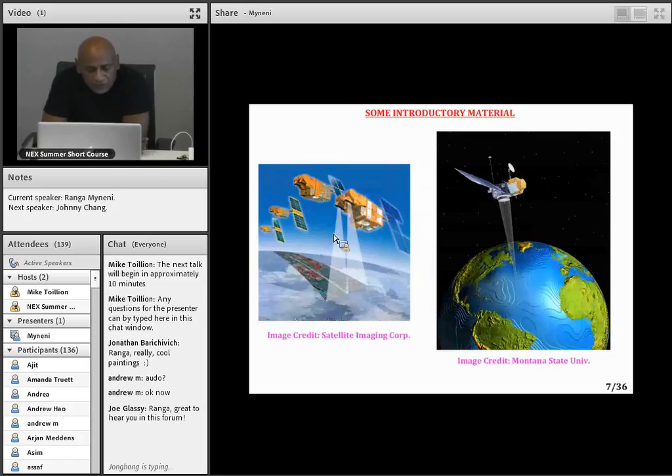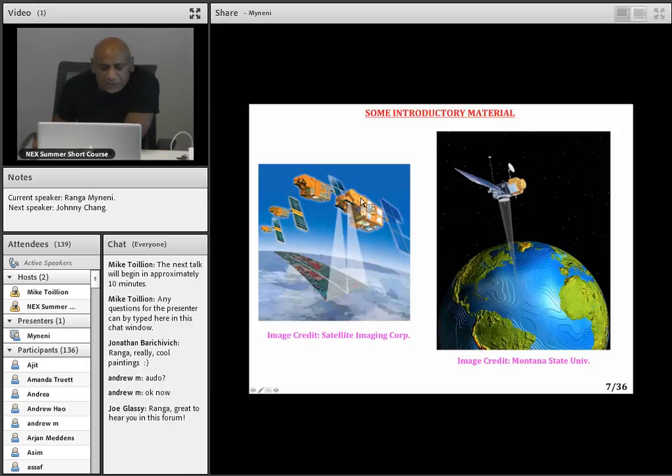So we are remote sensing the land, and we have satellites that are flying at great heights, and there is the atmosphere in between the satellite and the ground. In the picture on the left-hand side, you see this satellite as it is zipping by.